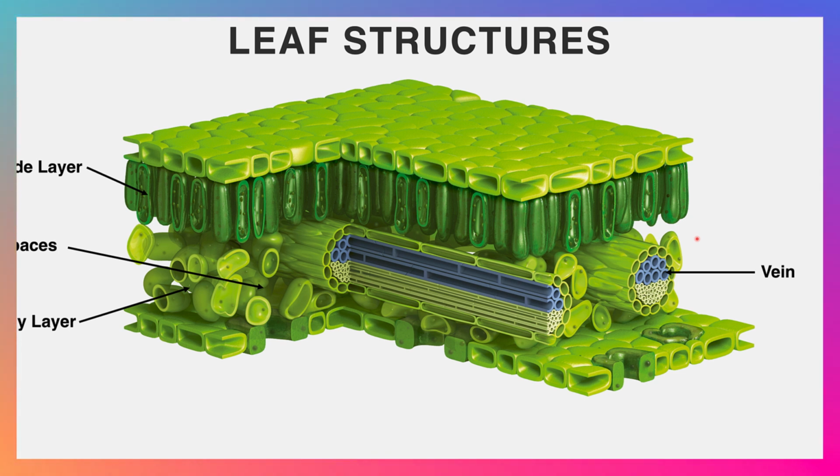And then you have the vein with both xylem and phloem vessels within the vein. And these are the guard cells that are around the stomata that control transpiration. And this is the stomata in the cells where water is allowed to work its way out.